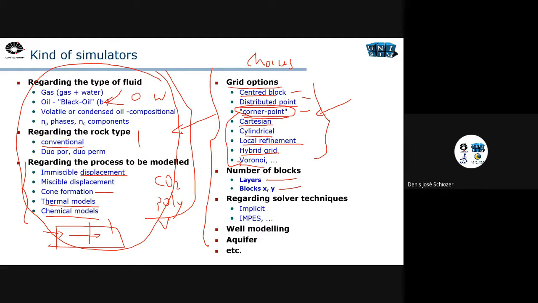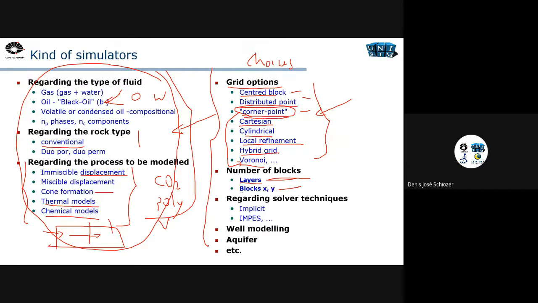Then we select the number of layers because we want to see if our displacement will be important in the vertical directions, and if this will be important in the horizontal directions. That's why we normally select the number of layers first, trying to better represent the geology and the physical mechanisms of the displacement.